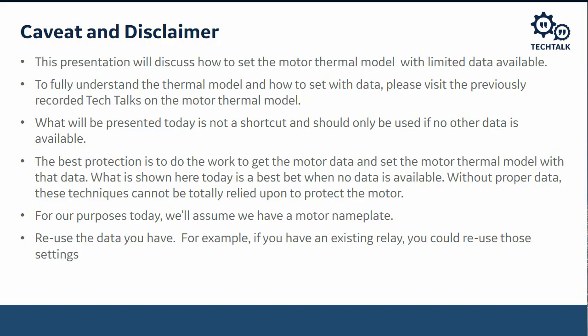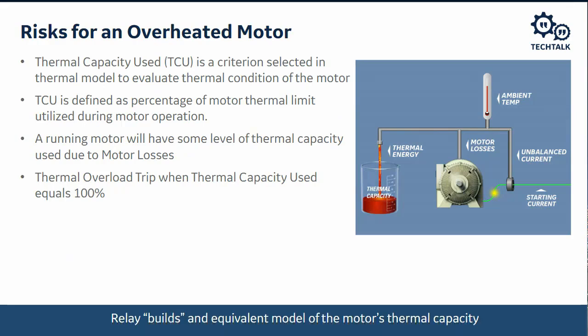So let's review real quick about the thermal model. Now, the best analogy for this that I have is this diagram that we've used for years. And it's basically the red lava-like fluid on the far left of the picture that represents a modeled thermal capacity of the motor.